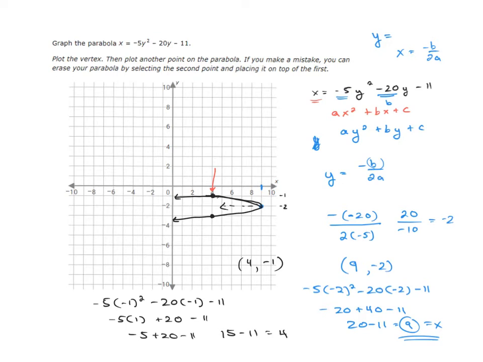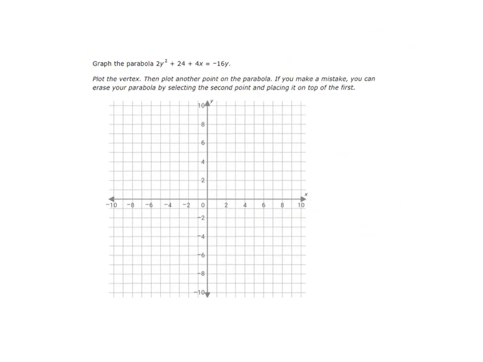But notice that from our axis of symmetry here, it went up 1 when we went up 1 in y. If we go down 1 in y, it's also going to go down 1. So a parabola is symmetrical. So that's something you also want to look at. If I plug in a negative 3 for y, it would have also given me a 4. So you could use either value. And then we have one more to look at here.